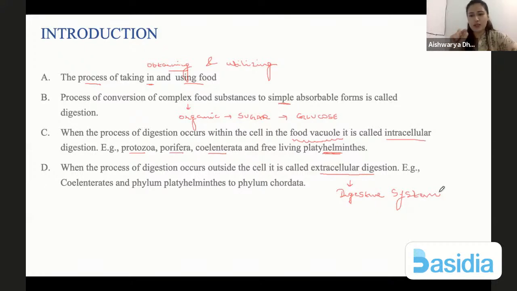So not a particular cell is involved in digestion, the entire digestive system is involved. So all the higher organisms, most of your coelenterates, so here the lower coelenterates are involved, your higher coelenterates, and from platyhelminthes to the chordates. So all higher organisms have a digestive system, right?